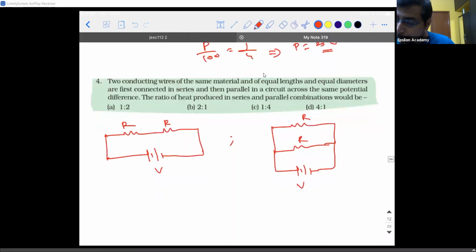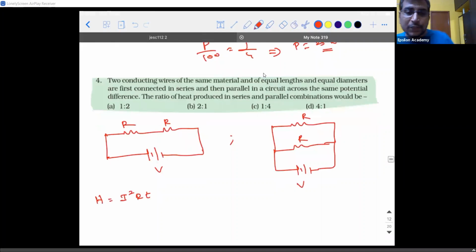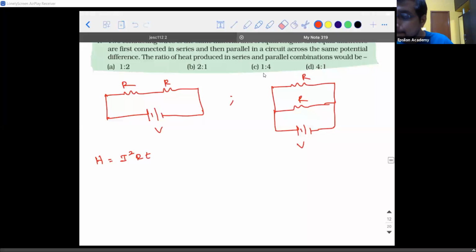So what is the formula for heat? I square RT. It is Joule's law of heating. Last class we saw. So my job is to find the current in both the cases and multiply it with the equivalent resistance. So in this case, what is going to be the equivalent resistance for series?